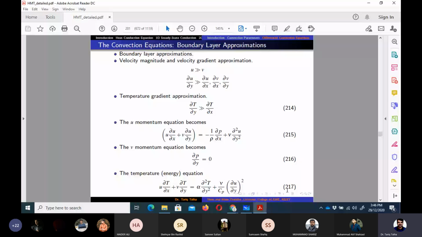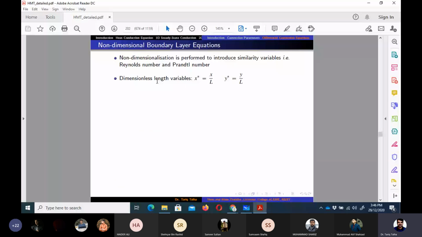In order to non-dimensionalize it, we need to define some dimensionless variables, as you do for the pi terms in your chapter number 7. So here we can non-dimensionalize x with x star.